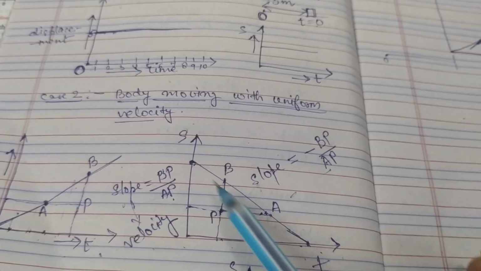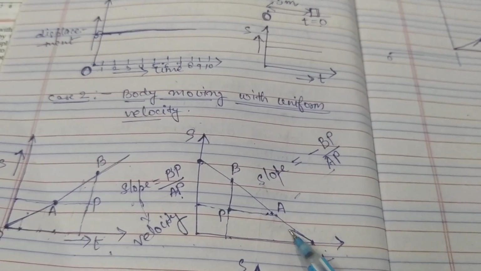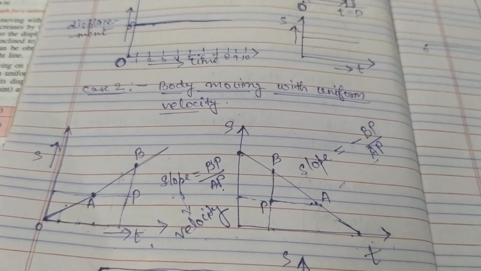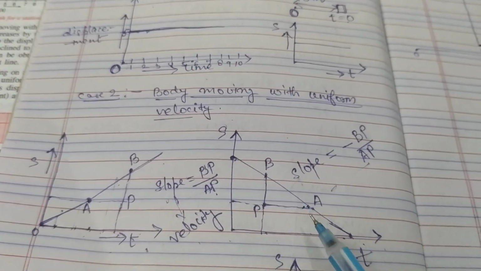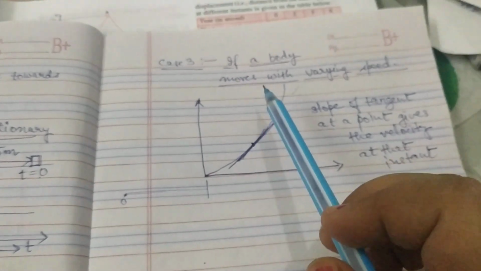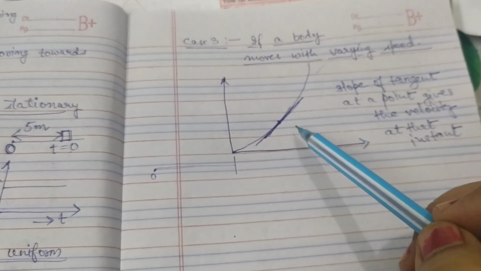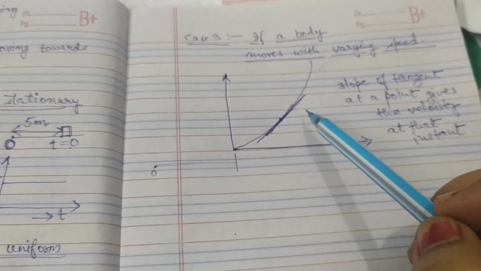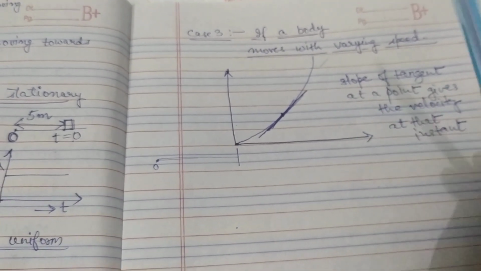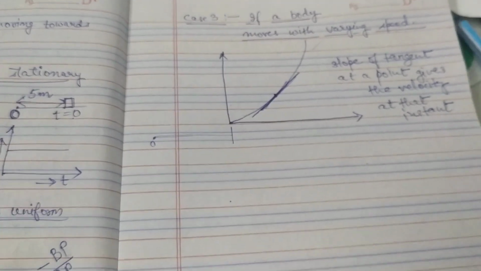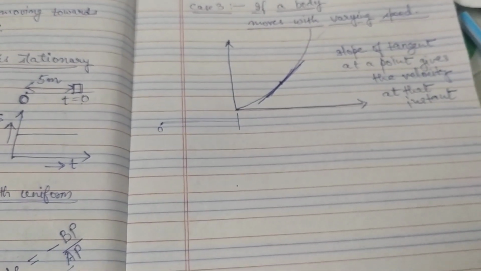This type of a graph shows that the body is moving towards the origin but with a uniform velocity. This type of a graph, a curve, will show that the body is moving away from the origin but with a varying speed. Just go through your book, read it just once, and it will be all clear for you all.